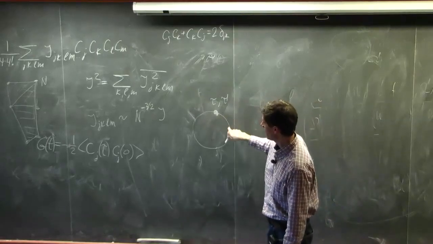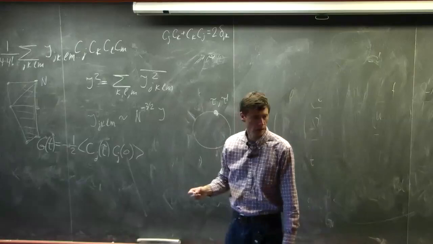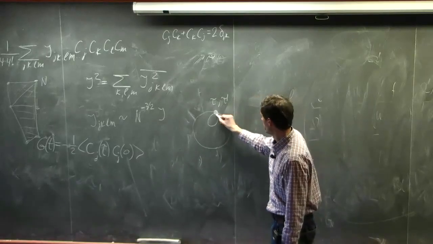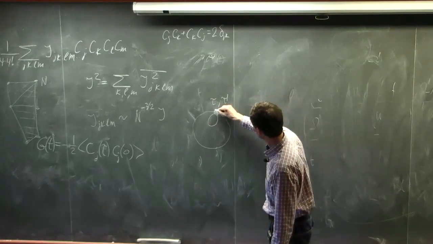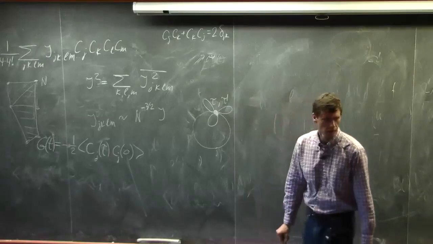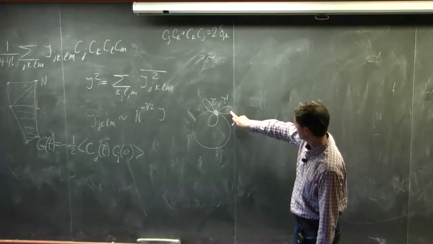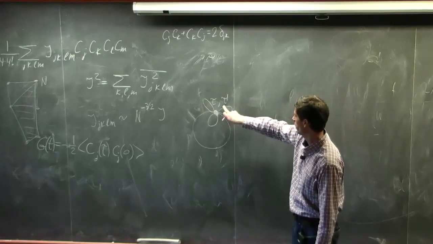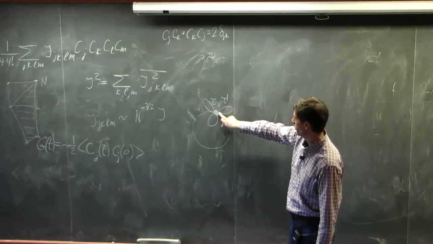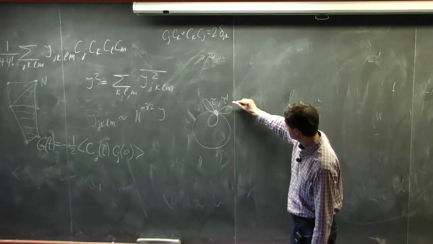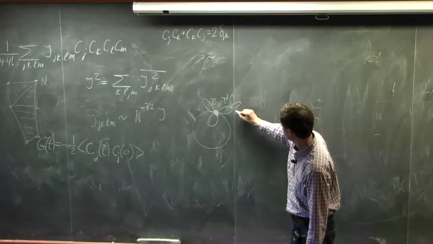This site interacts with three other sites. And so we can draw a diagram like this. And for self-consistency, the green function of each of the other three sites includes diagrams of the same form.